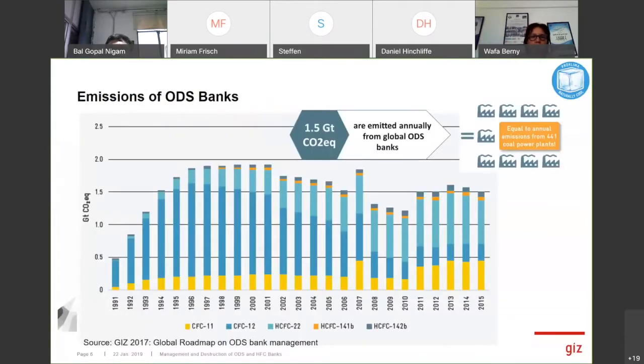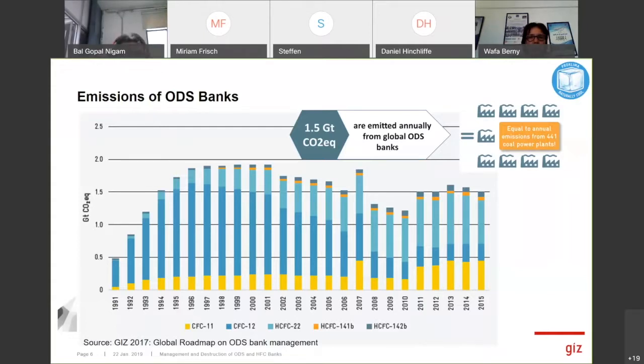To give you a rough estimate of the impact of these emissions, here we can see the emissions from the ODS banks in the past 30 years. We can see that per year, approximately 1.5 gigatons of CO2 equivalent have been released annually. This compares to the yearly emissions of more than 440 coal power plants. Most of these emissions are caused at the end of life of cooling devices.